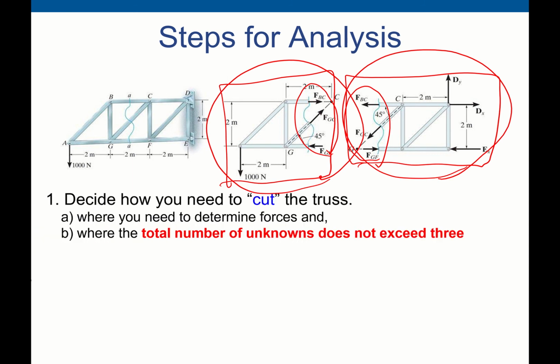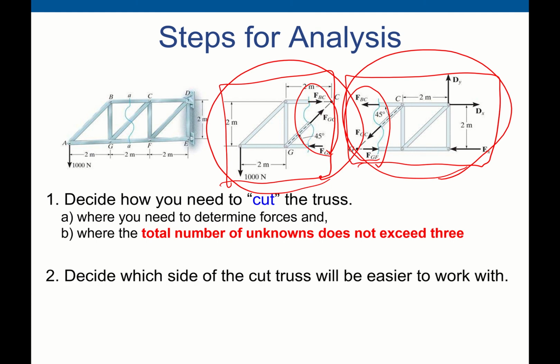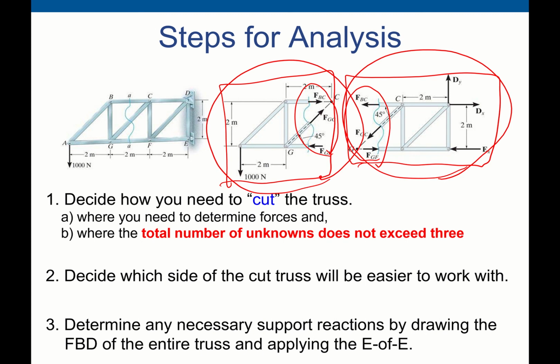So there are steps to solve this problem. First, cut the truss. You want to identify the members. Please cut the truss across the member you are interested in, and choose which side you're going to use, left side or right side. It's up to you.